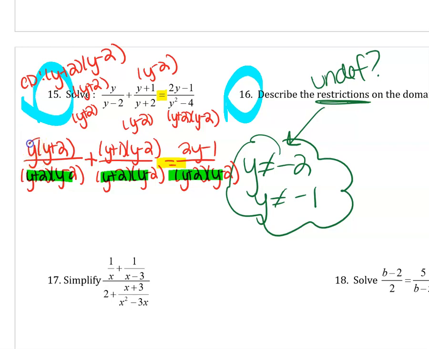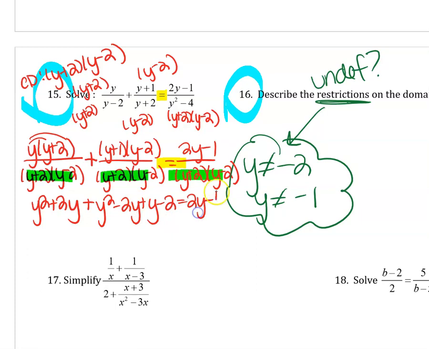So if I look at the numerator and do some distribution, I get y squared plus 2y. Do a little foiling here: y squared minus 2y plus y minus 2, and then equals 2y minus 1. Okay, combine your like terms.